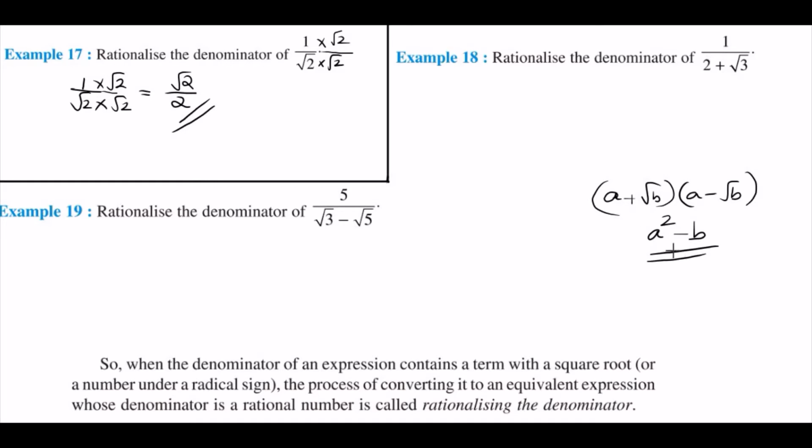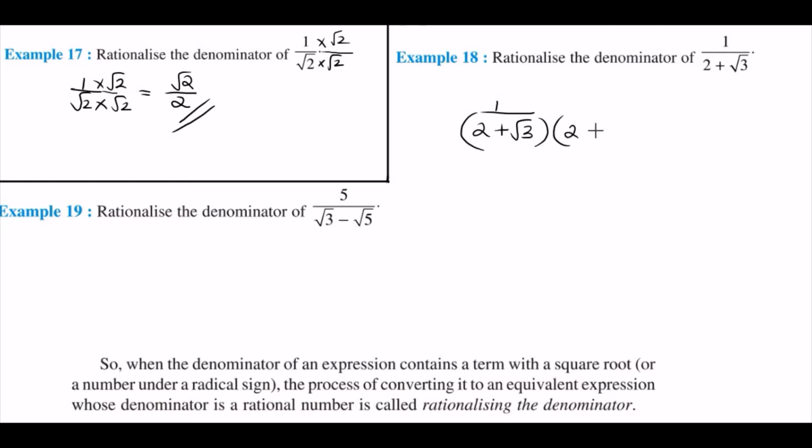So if you want to rationalize this denominator, you have to multiply the denominator and numerator by 2 minus root 3. 1 by 2 plus root 3 into 2 minus root 3, and in the numerator also you do the same way. That is, you have to multiply both numerator and denominator so that this gets cancelled and it is the same expression. So in order to make the denominator a rational number, we use the identity a plus root b into a minus root b.